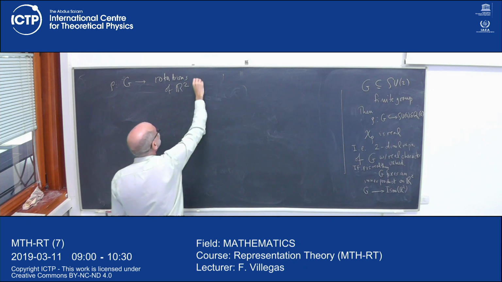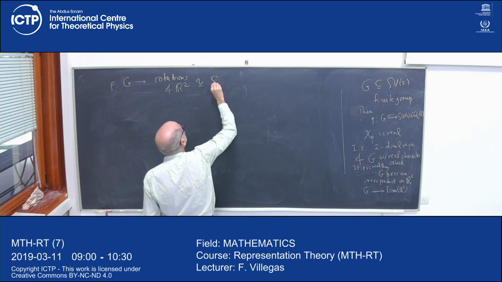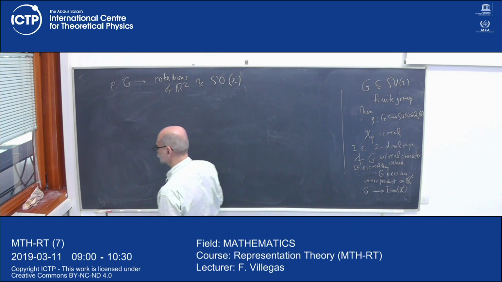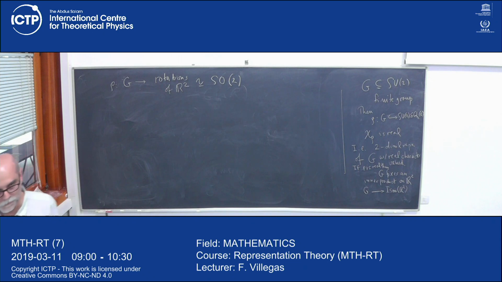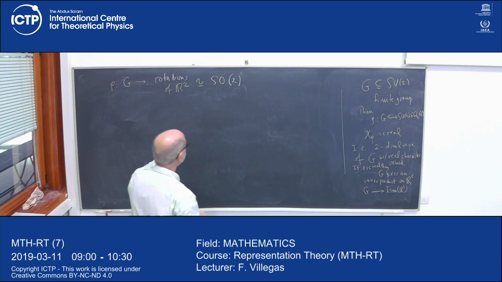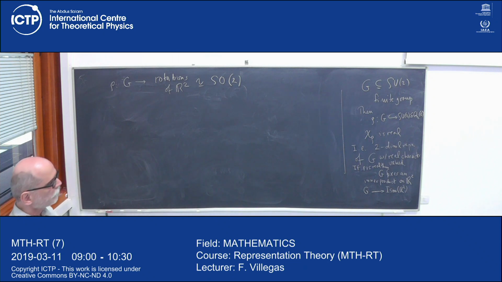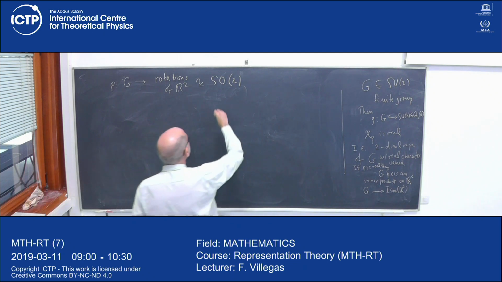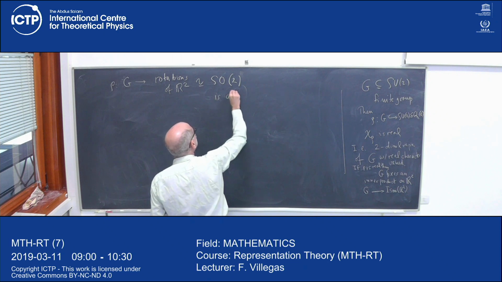The rotations of R2 of determinant 1 form SO2. This is the name of rotations in general, where O stands for orthogonal and S for special, which means determinant 1. And what group is this? What are the rotations in the plane? Cosine, sine. It's just a circle. Okay? So this is abelian.